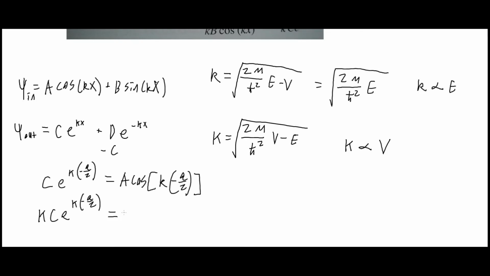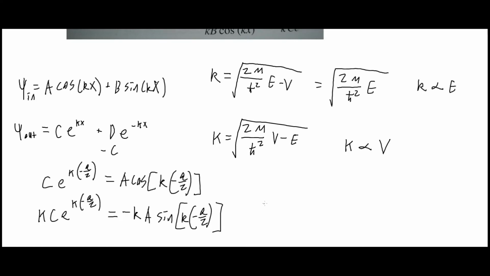That will be equal to minus k a sine of k minus a over 2. This is the first derivative of the cosine here, and this is the first derivative of this right here. So we want these two things to be true.